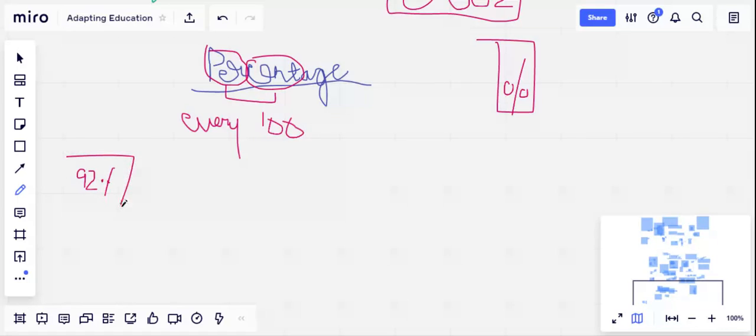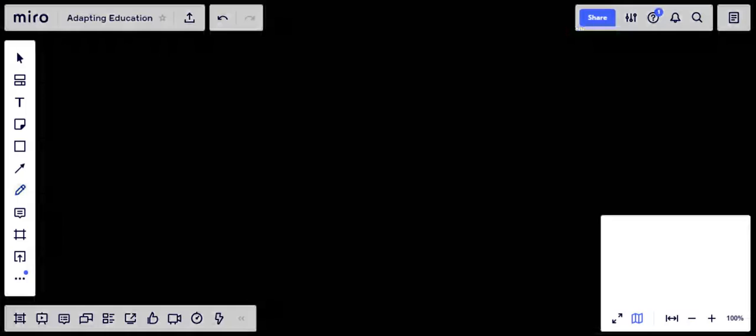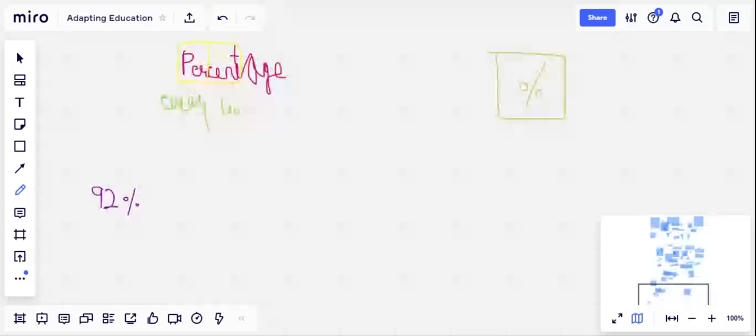Now if you want to calculate how much it is in numerals, it depends upon how many marks the paper was out of. As I told you, percentage means every 100. So this 92% in the form of fractions will be written as 92 upon 100.